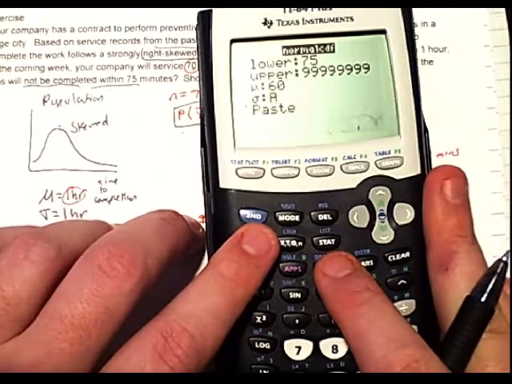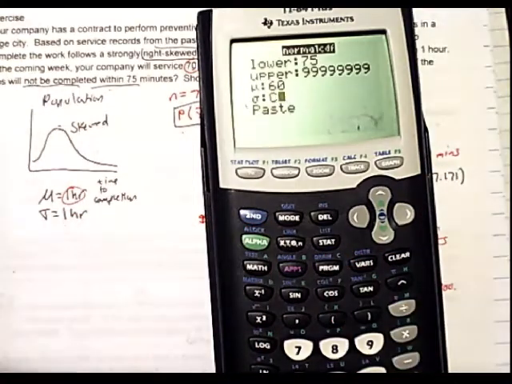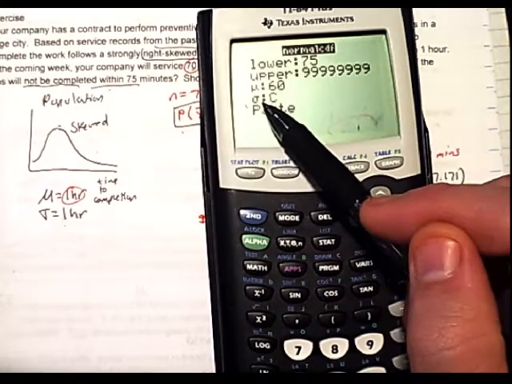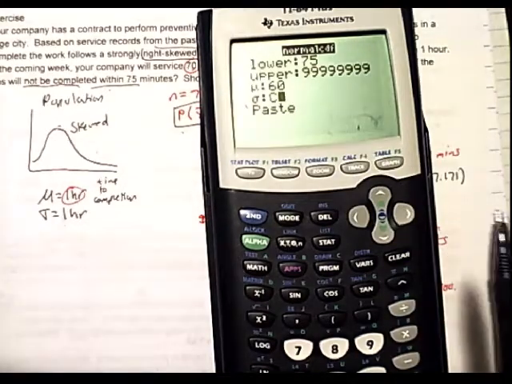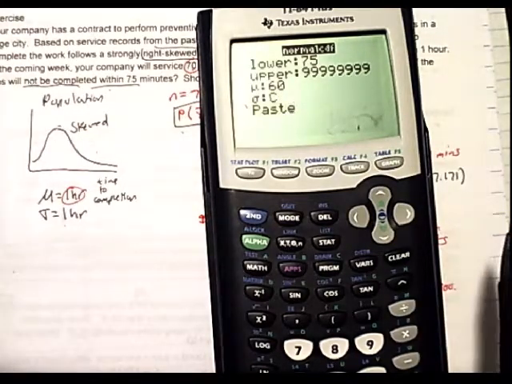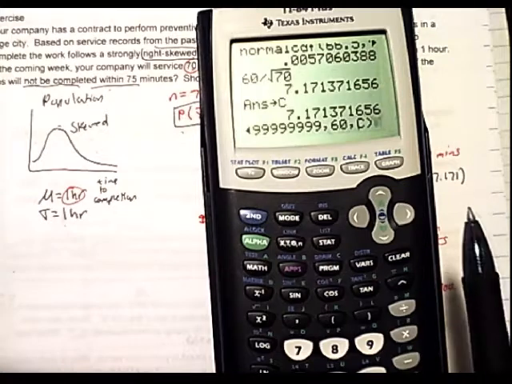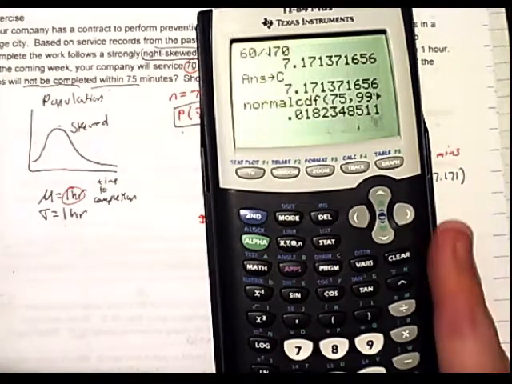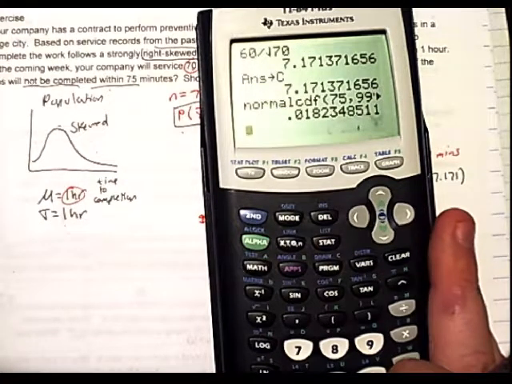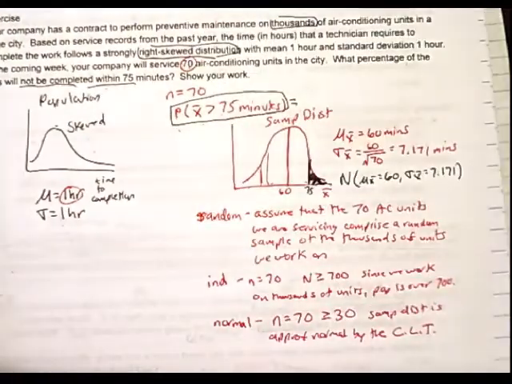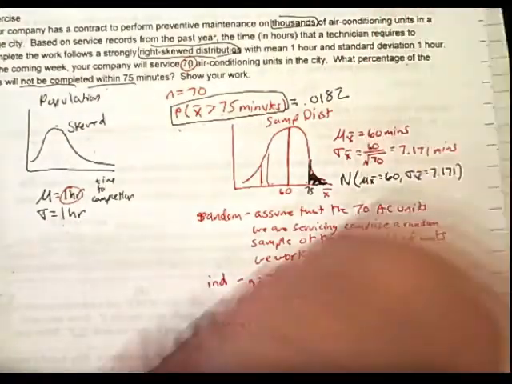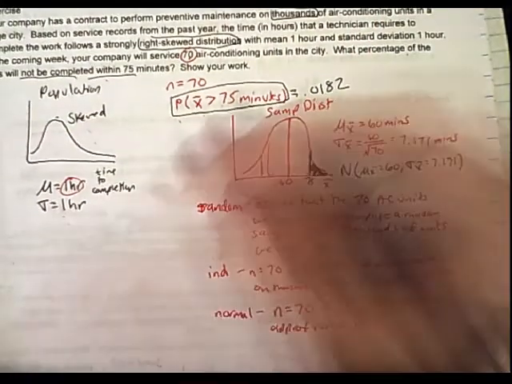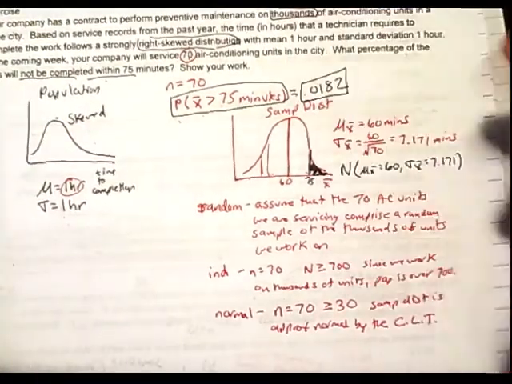And my standard error, I'm going to put C, because we're talking about the sampling distribution. Don't put 1 hour here. Don't put 60 minutes, because now we need to find standard error stuff. So there's our probability, 0.0182. That's the answer to the question.